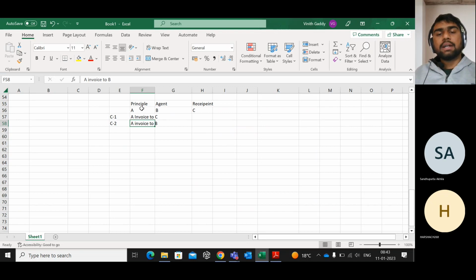Same scenario, but to classify these principal agent transactions in GST, to come under the purview of GST, the invoice plays an important role. On whom A is giving the invoice is important. If A gives the invoice directly to C, then it is a pure principal agent transaction. It will not come under GST.